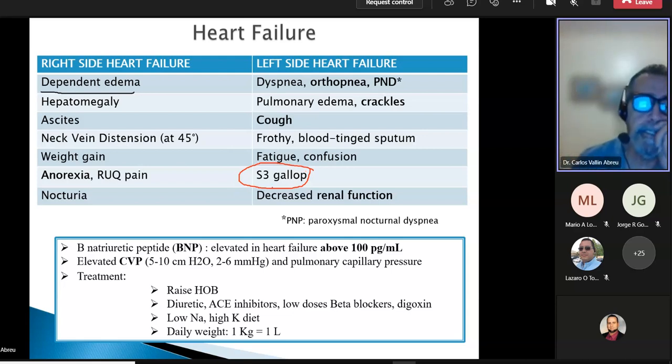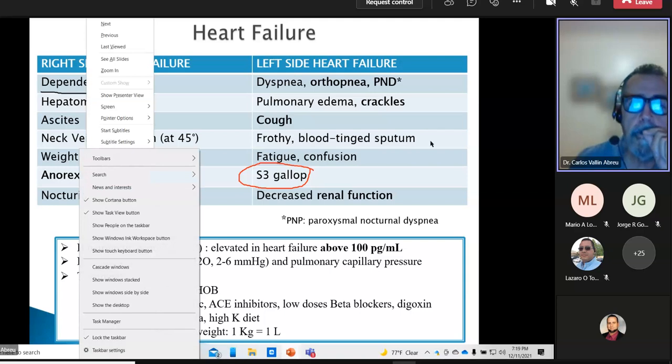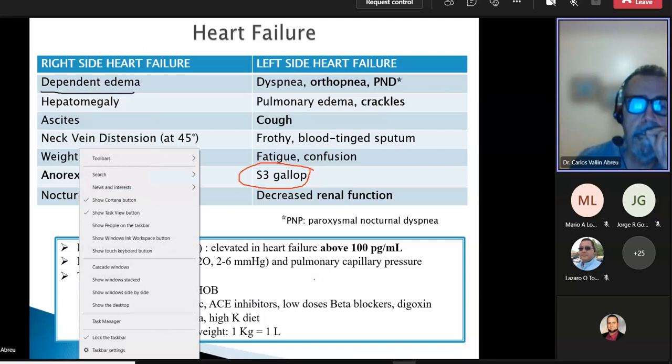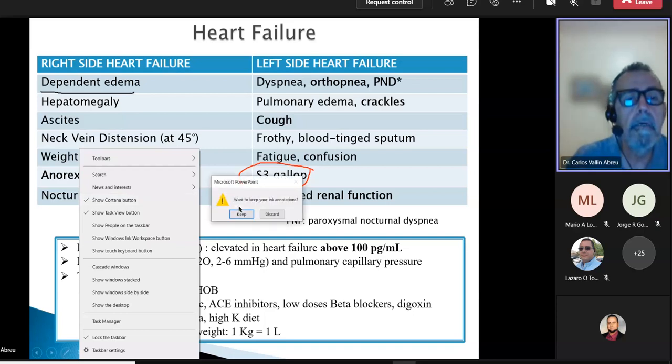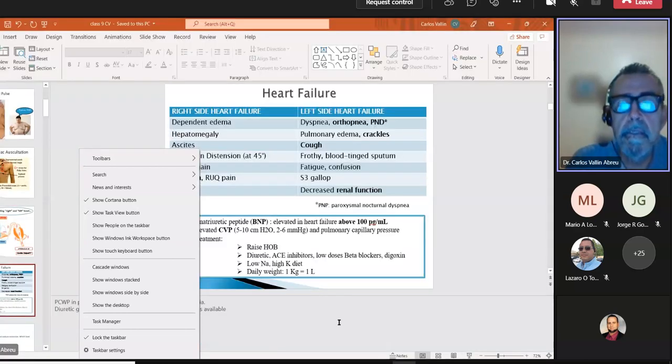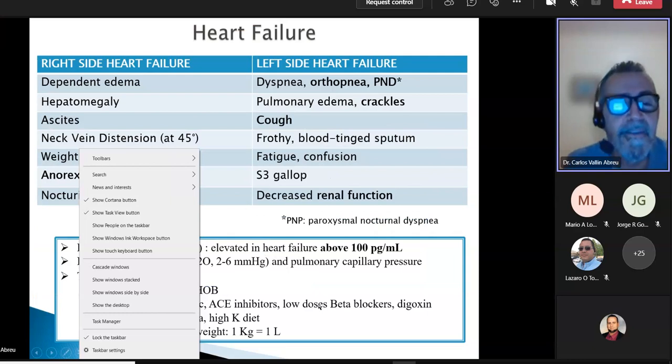Sometimes there is another abnormal sound. Just a moment, I'm having a technical issue. I pushed something that I don't know what it is.